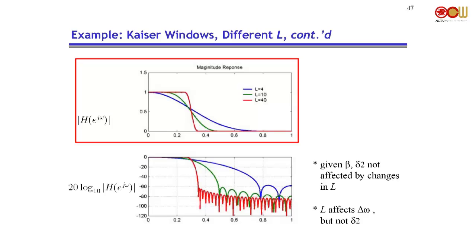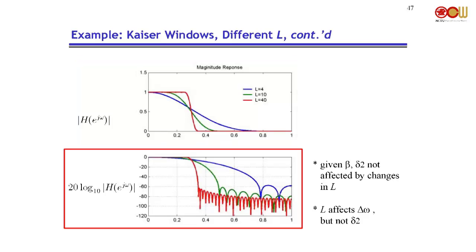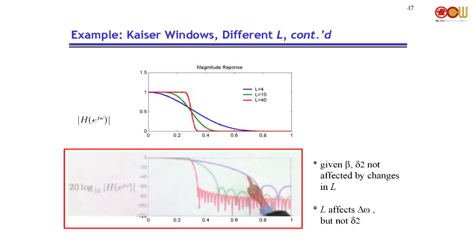That's H using 3 different window sizes, and that's the response in the dB plot. This corresponds to the short window, the medium window, and the longest window.